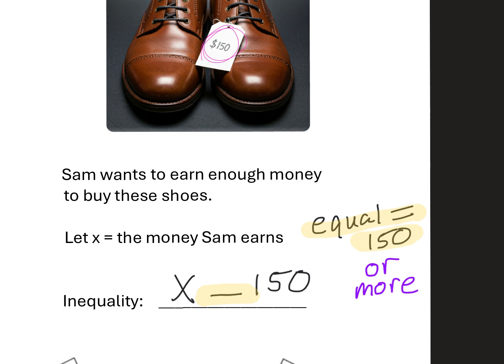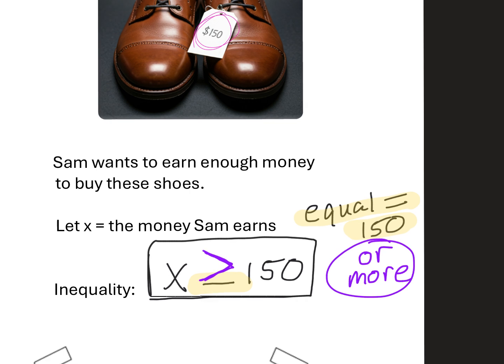But Sam isn't going to be mad if he earns more than $150. So the inequality would open this way to say that the amount of money Sam earns could be more than or equal to $150.